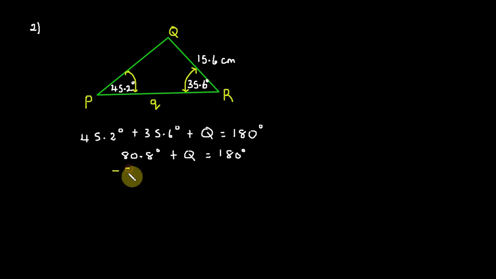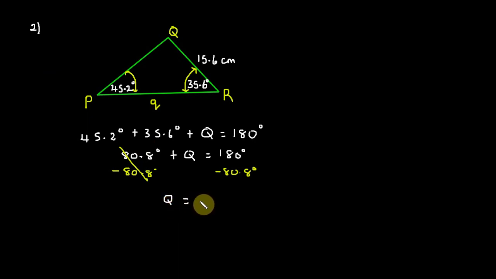So this side, I subtract 80.8. And on this side, I subtract 80.8 as well because we need to balance the equation. We cannot carry out an operation on one side and leave the other. So here, this will go. And we continue. Q we have remaining.